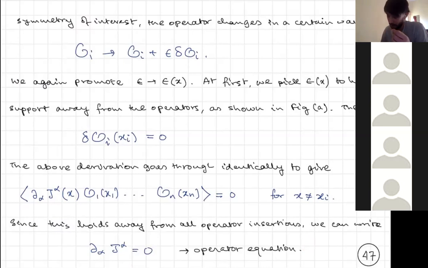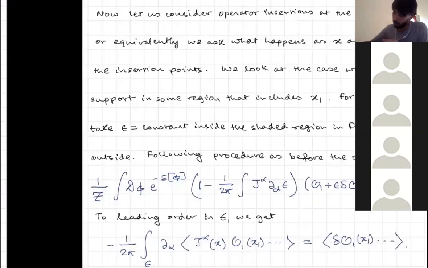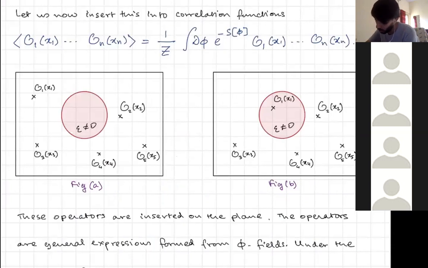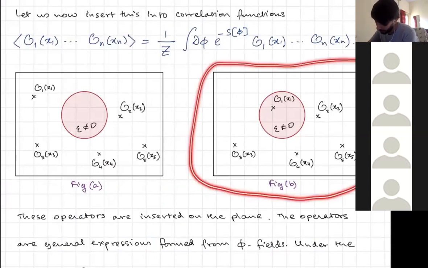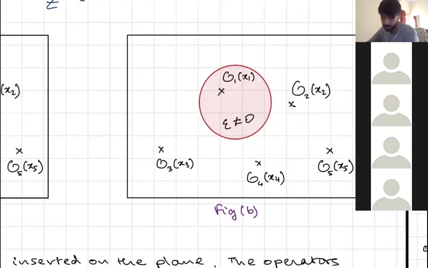Now, what happens when you actually have an operator which is inserted at the same point? So, for example, now we are looking at figure B. Now instead of the epsilon having support in a place where none of the O's are inserted, epsilon has support in a region here where you actually have O1.